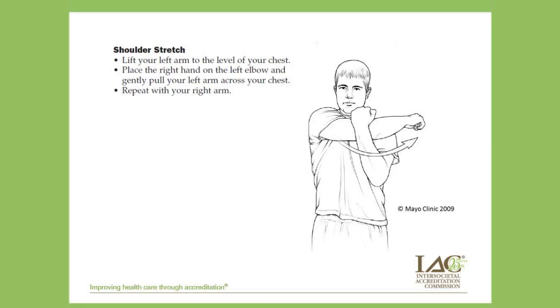Hold it for 5 to 10 seconds, and then let it go. And shake out that arm. Then do that with your right arm. So bring your right arm across at the level of your chest. Gently pull it across and hold it there for 5 to 10 seconds. The key with all these stretching exercises is that you do it slowly and you hold it for 5 to 10 seconds.